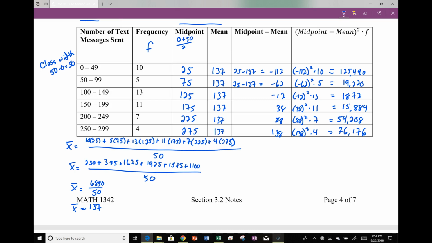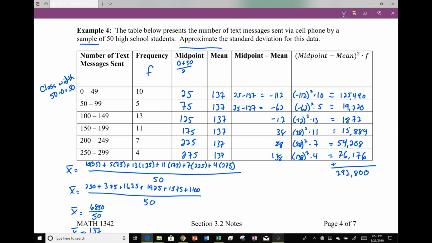I'm going to add all of these values up, and when I add up all of these values, I get 292,800. Recall, I am not finished yet. Now it depends if we're talking about a sample or a population. Recall our question showed a sample.